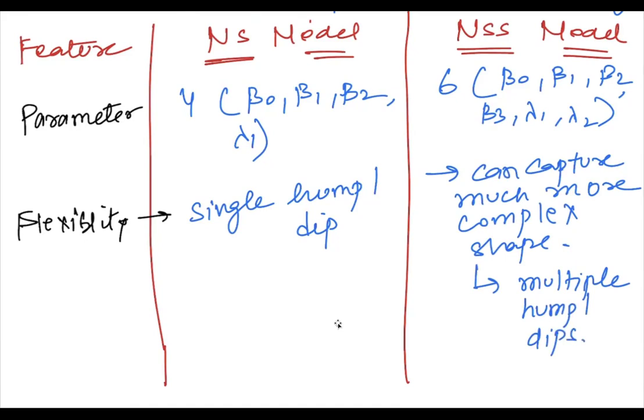And the last piece is the use case. When the economy is doing normal, or when you see the typical yield curve in the economy or in the financial market, that's where you can use the Nelson Siegel model.